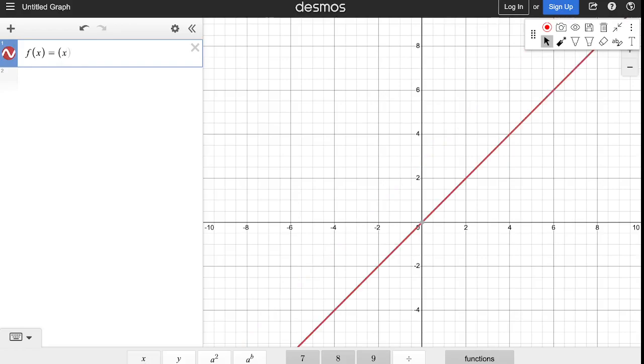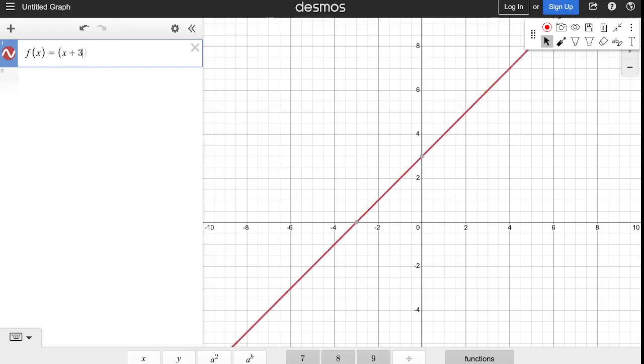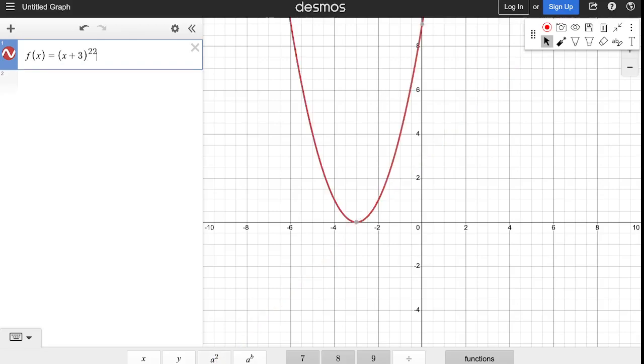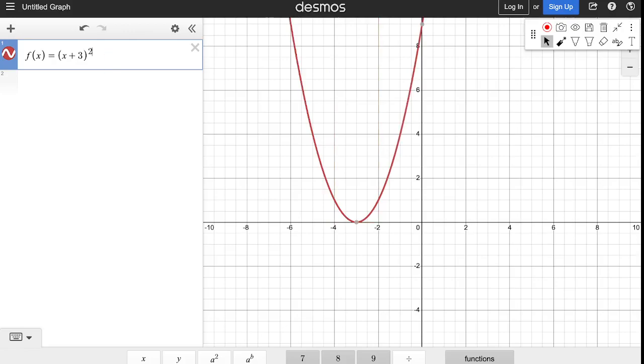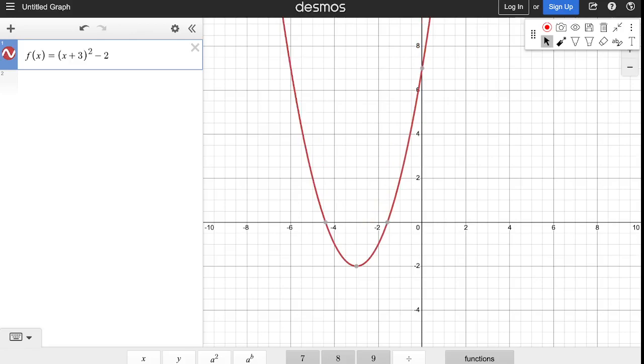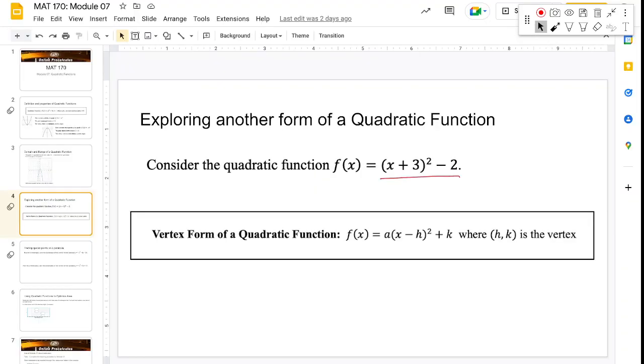So x plus 3, then the parentheses, then the square, just 1. Okay. And then we are going to subtract 2. Make sure I get that right. Yes, subtract 2.